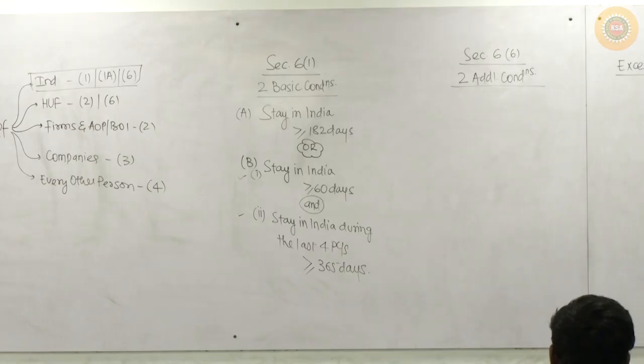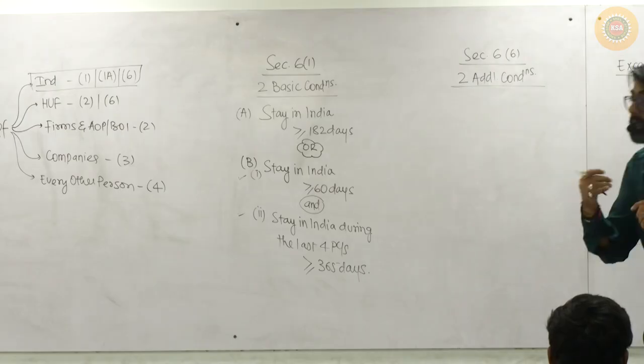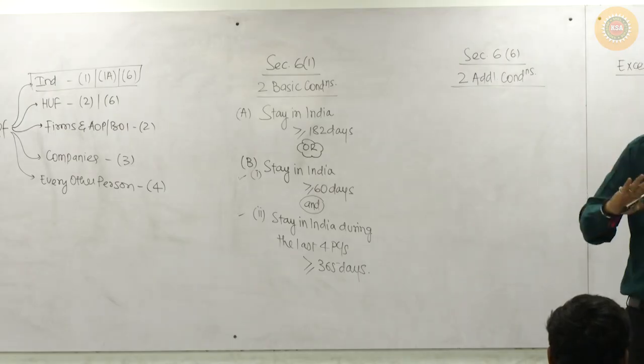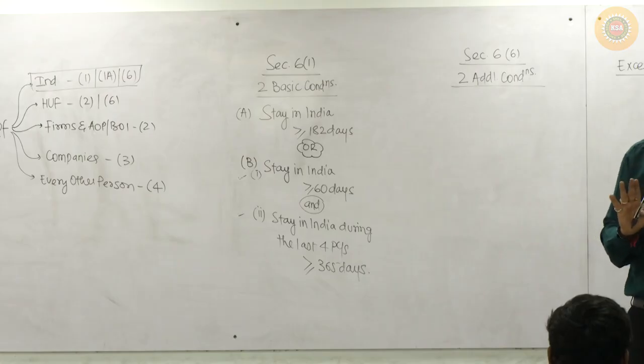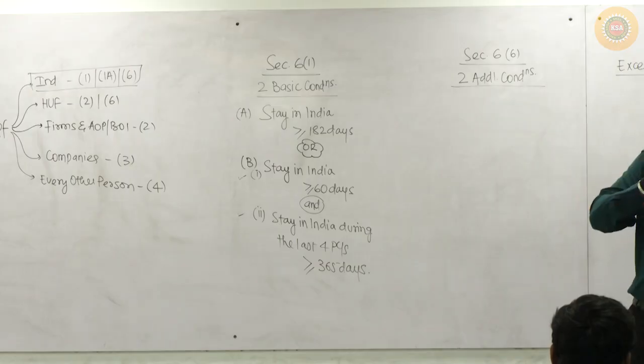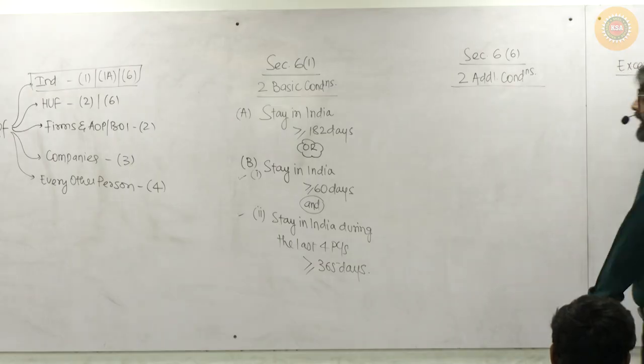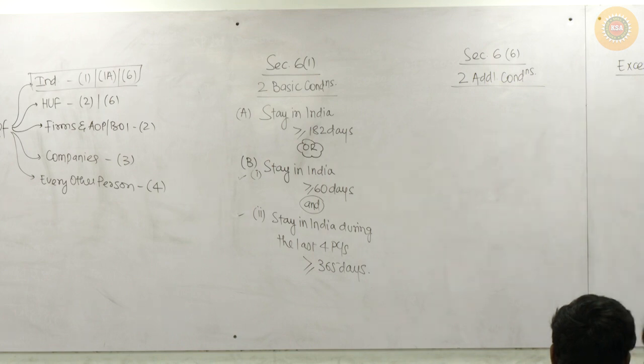If you are falling under any of the cases, only check basic condition A. If basic condition A is fulfilled, you will become resident. If basic condition A is not fulfilled, directly become non-resident. No need to check basic condition B, because in all these 3 cases, basic condition B is not applicable. Okay?